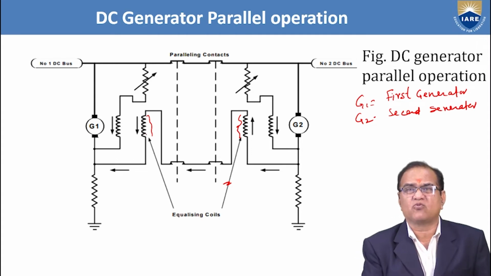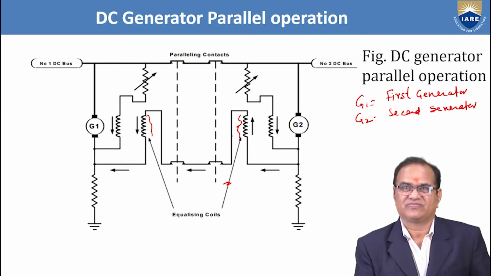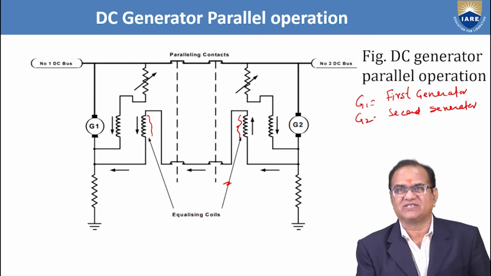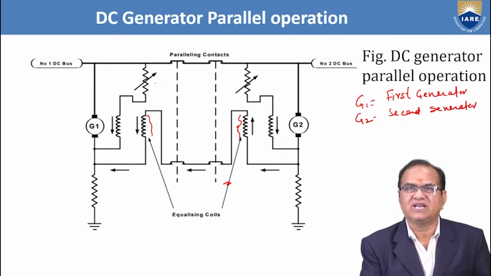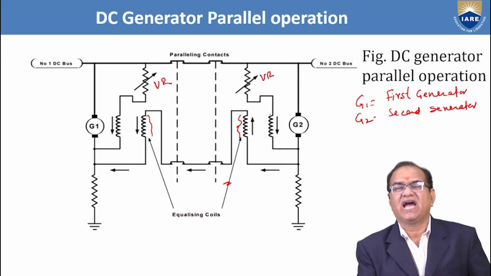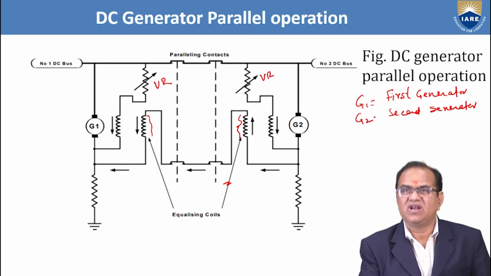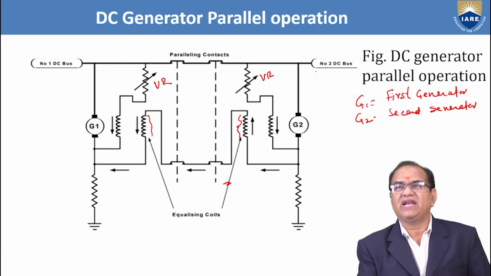The purpose of these coils is to make sure that both systems are taking equal load. So these coils are for this purpose, and there is a voltage regulator. This is the voltage regulator, VR. On both sides, this will regulate the voltage, and as per the given condition, voltage will be supplied to the bus bar.